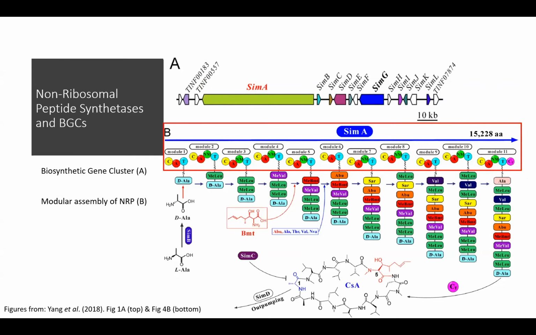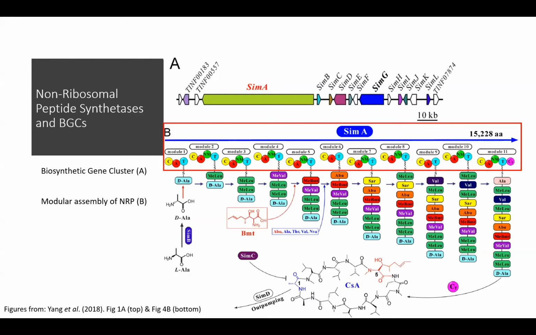So this protein is comprised of these different modules, and each of these modules has at least 3 domains, which are the adenylation domain, the thiolation domain, and the condensation domain. And together, these domains are essentially responsible for selecting certain amino acids and then adding them to the growing amino acid chain.